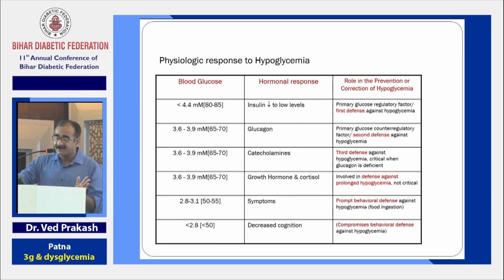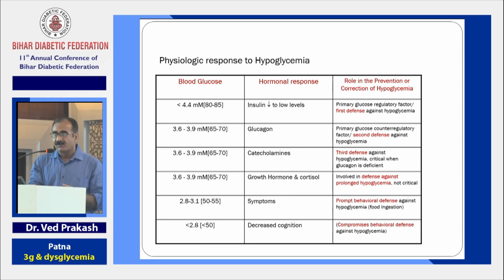And the third defense mechanism, at the same level of 65 to 70 milligram per deciliter, is the secretion of the catecholamine hormones, which enhance gluconeogenesis and glycogenolysis. This increased secretion of catecholamines is known as the third defense against hypoglycemia.